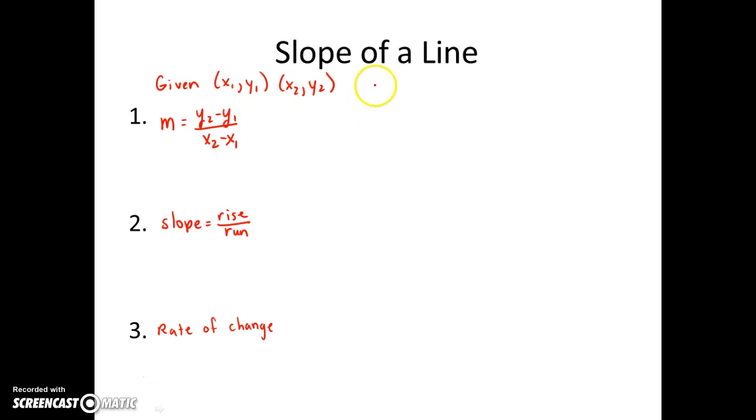Now there are a couple of other ways to think about it. You can write these down or not. If you think about the coordinate grid, the y-axis is the vertical axis, right? So the change in y's, or y2 minus y1, goes on top, and another way to think about that would be that it's the change in the vertical distance.